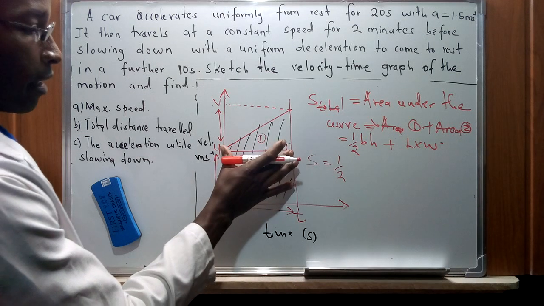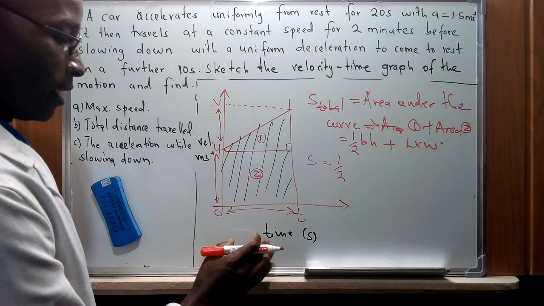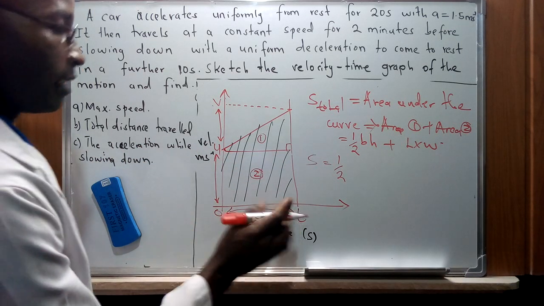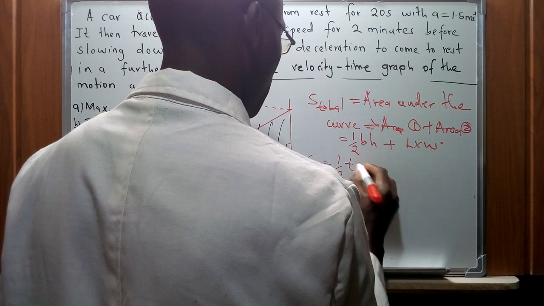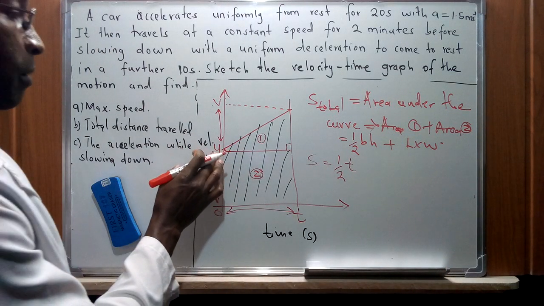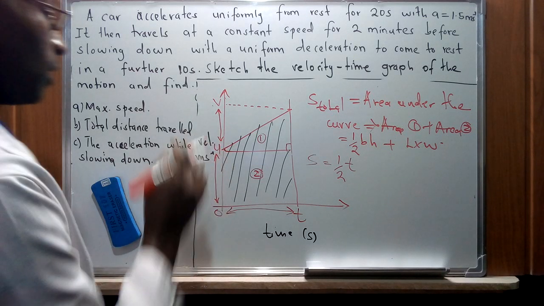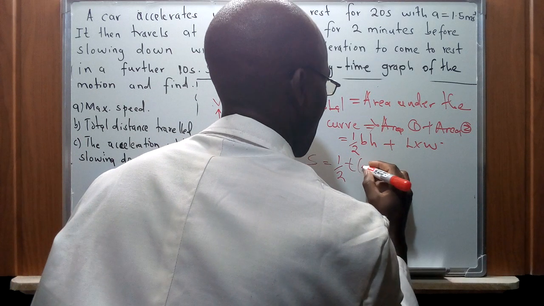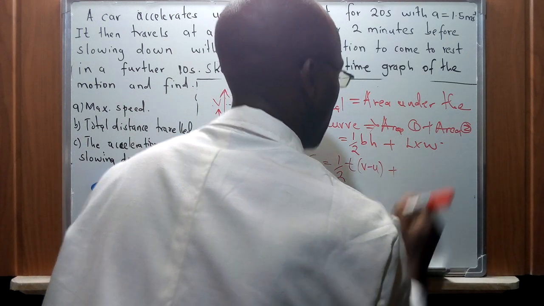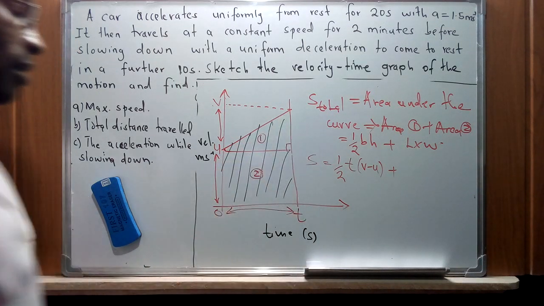The base for this triangle will be the displacement from here to here, which is actually represented by time t. So we have t, and then the height from here to here is v minus u, that is times the height, v minus u, plus the length, which is t, times the height.